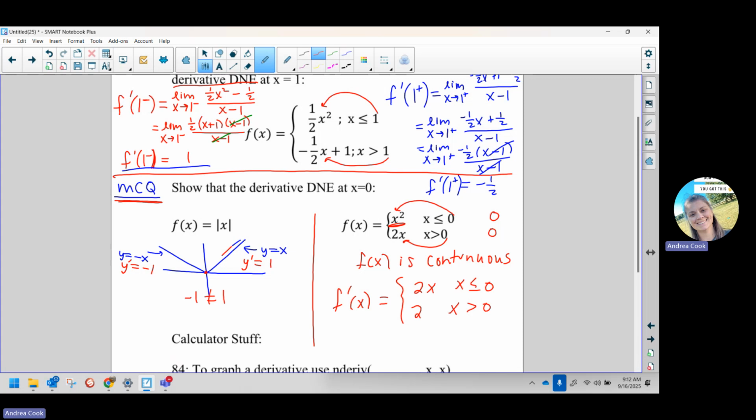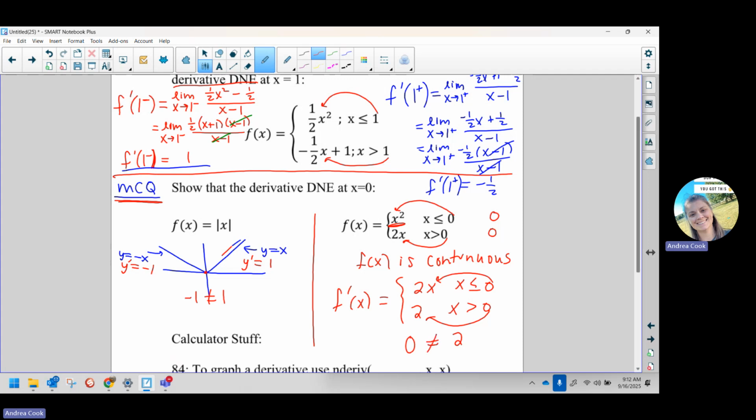Okay, so what I'm doing is I'm taking the derivative of the top function, the derivative of the bottom function. And now what happens if I plug 0 into the derivative and 0 into the derivative? I get 0 on the top one and 2 on the bottom, which is not equal.